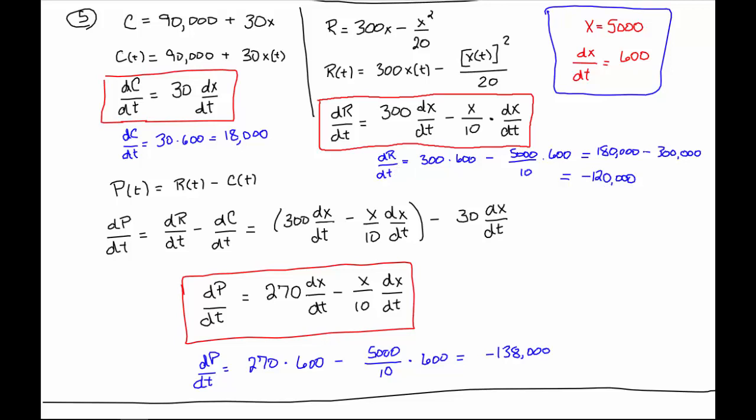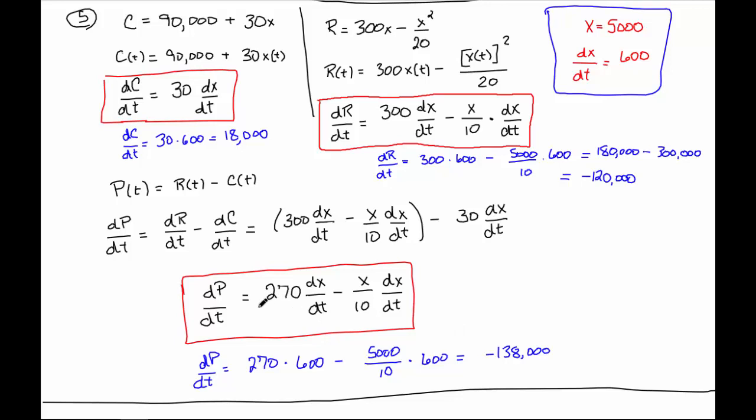All right, and then if you look at the profit, it's revenue minus cost. And so we know that derivatives go across minus, and so I can simply just take my two answers. So here's dR/dt minus dC/dt.